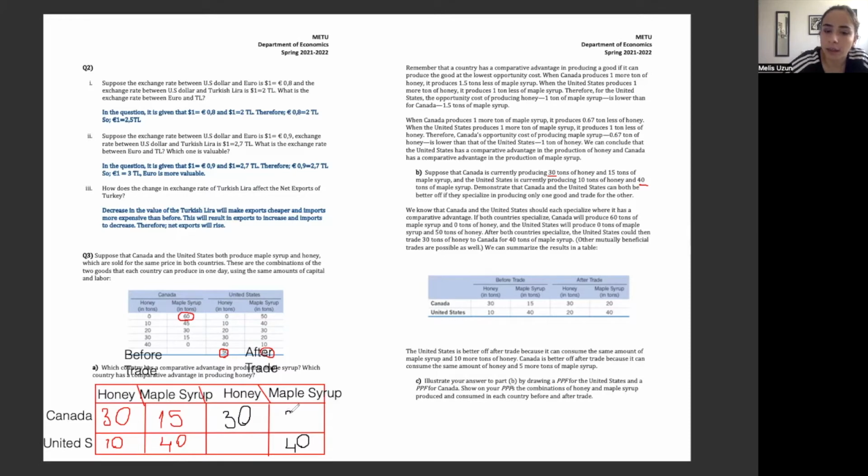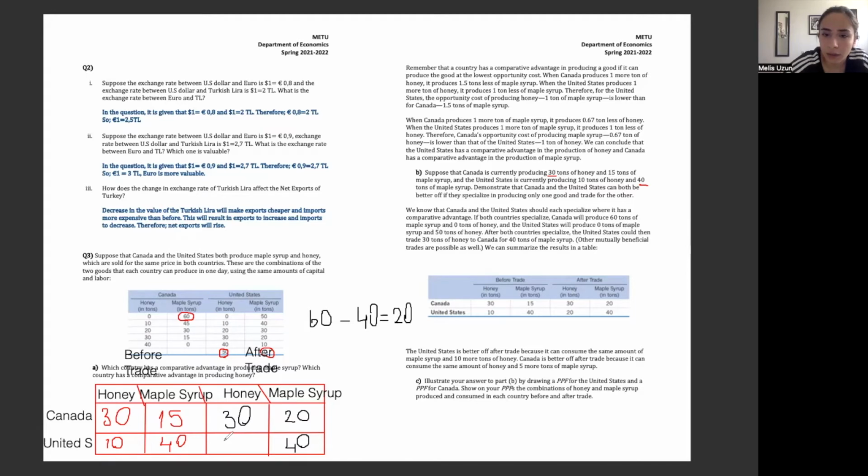And if you do the calculation, if you subtract 40 out of 60, you will get 20. So 20 is left for Canada, and United States producing 50 tons of honey, and it gave the 30 of it to the Canada.